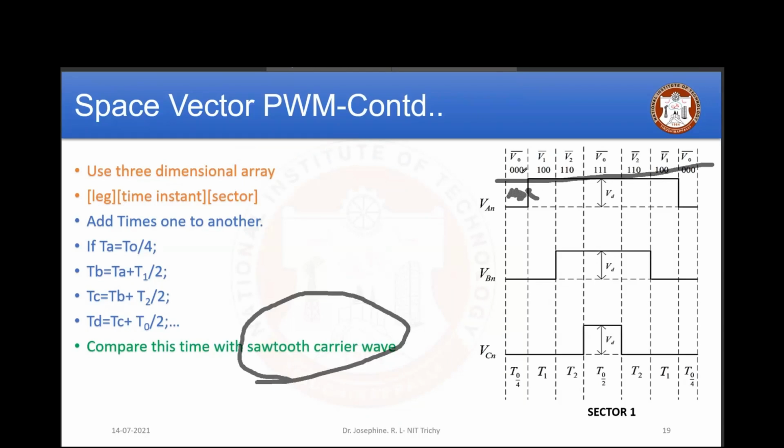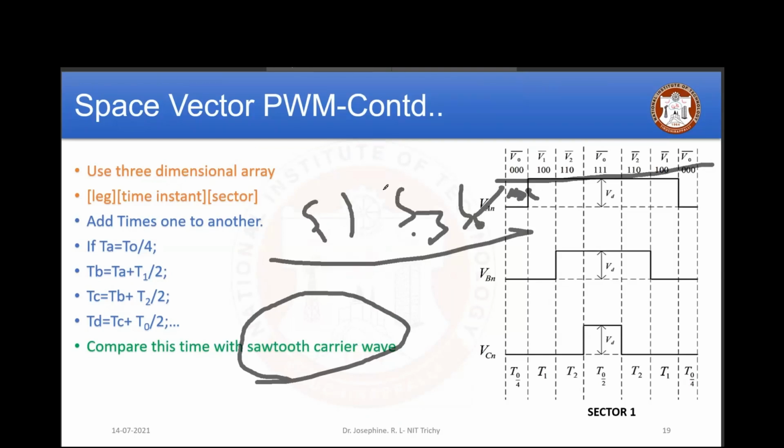If you give 0, 0, 0 for the ABC phases, that means all three upper switches should become 0. That means S1, S3 and S5, which are the upper leg switches, should be open, and all the bottom leg switches should be shorted.